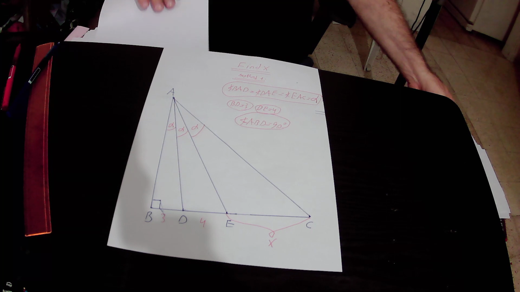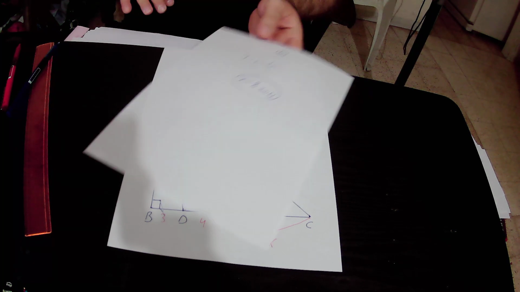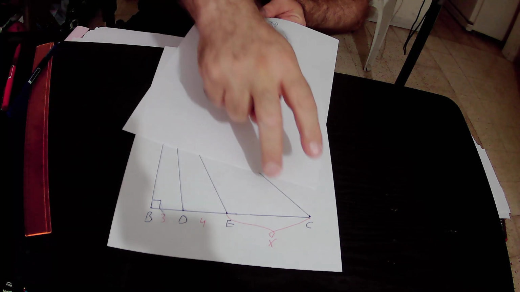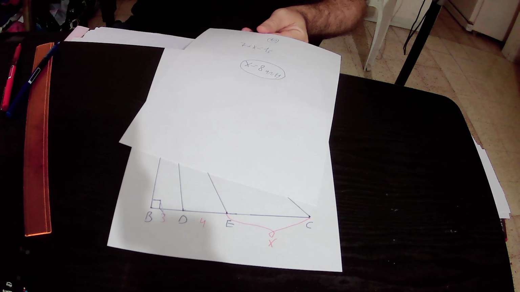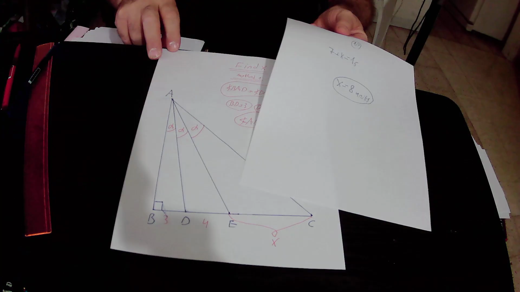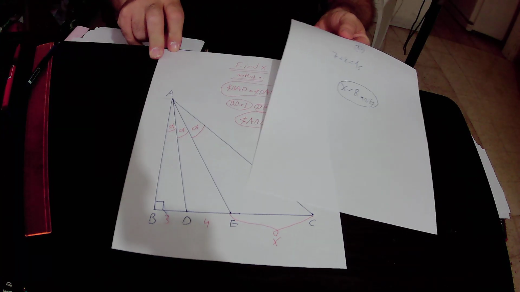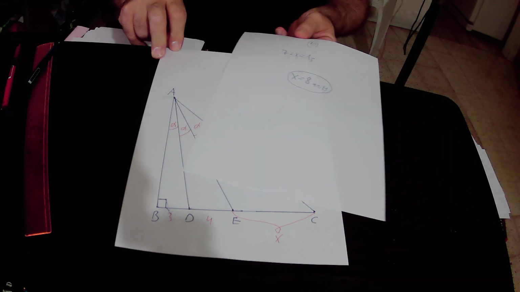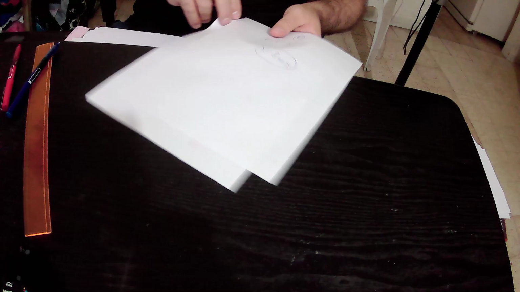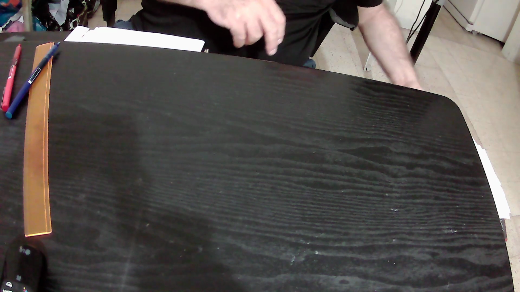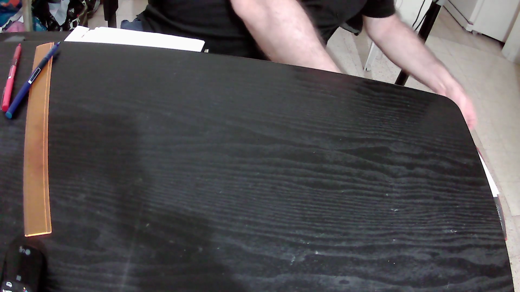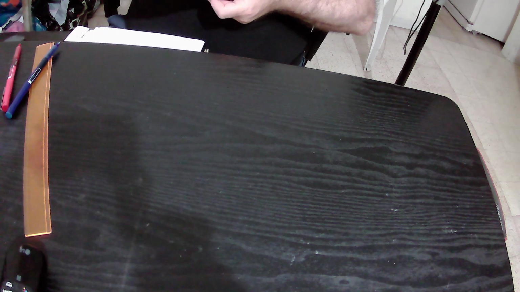We found that x equals 8 units, that is to say EC equals x equals 8 units. So that was the first method to find the value of x. X equals 8 units according to the first method, and then we found the value of x according to the second method.